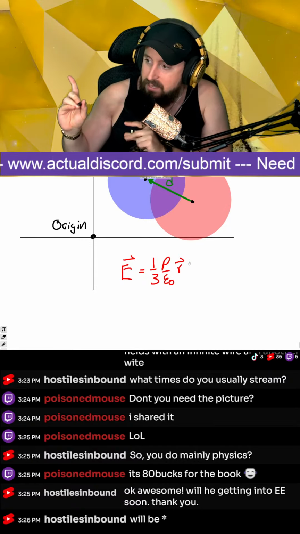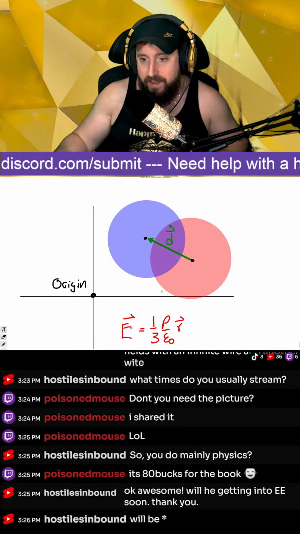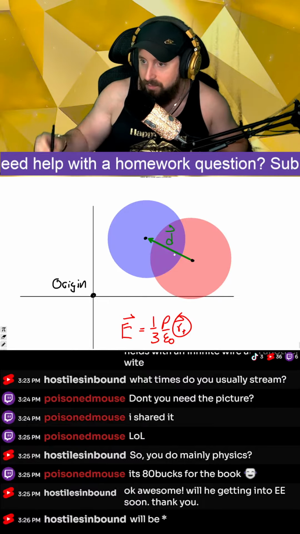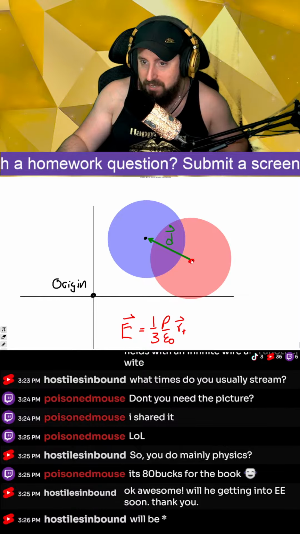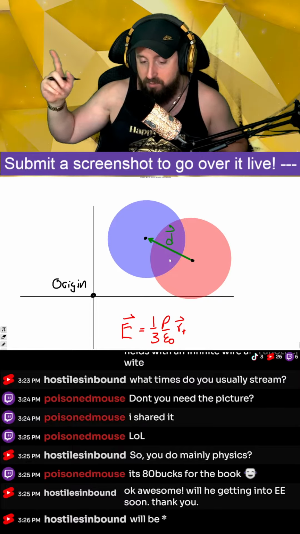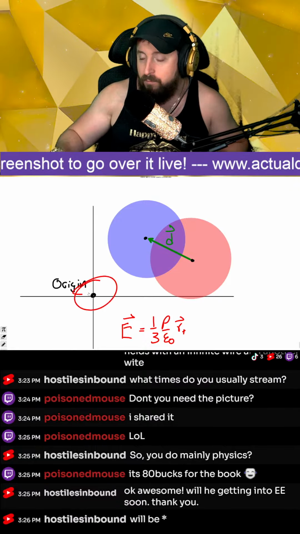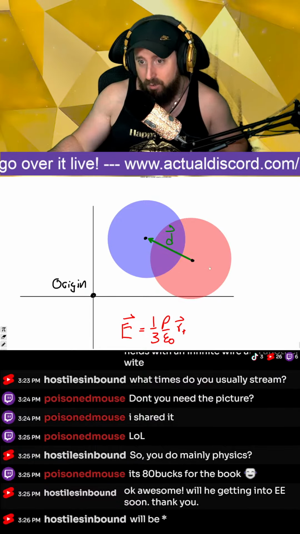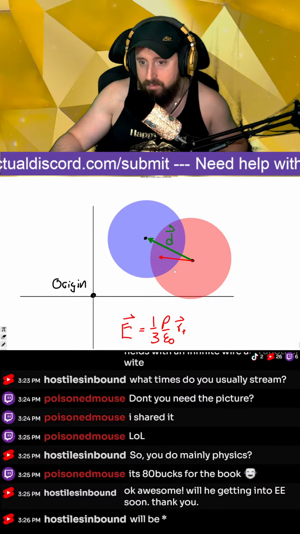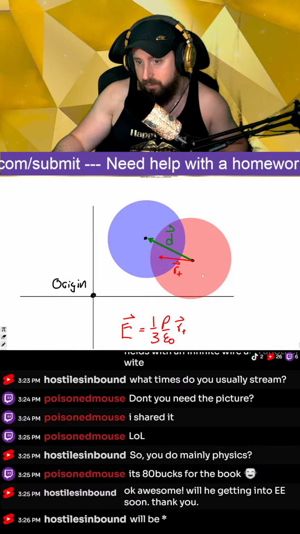The key thing about r vector, let's say r plus vector, is that it points away from the center of the sphere to some position r. But I want to describe this position from the origin instead. So this right here is r plus vector.